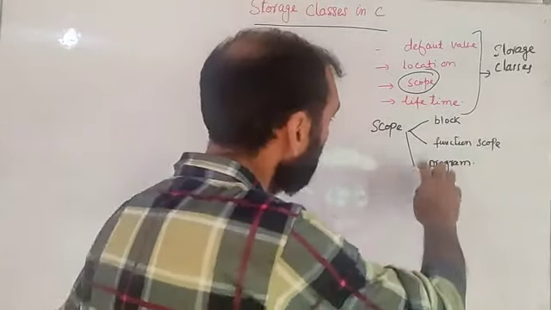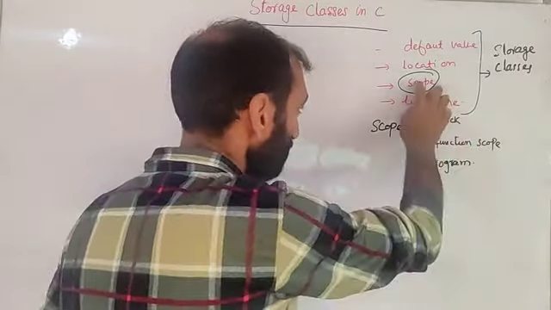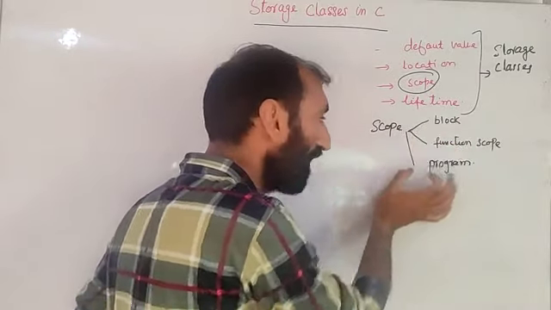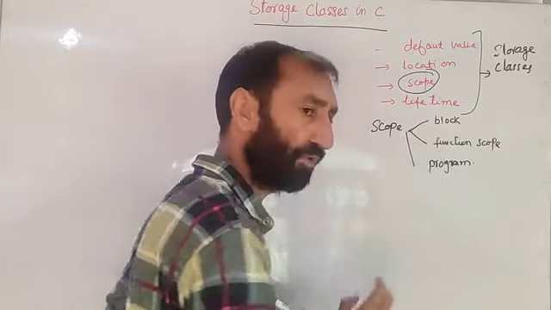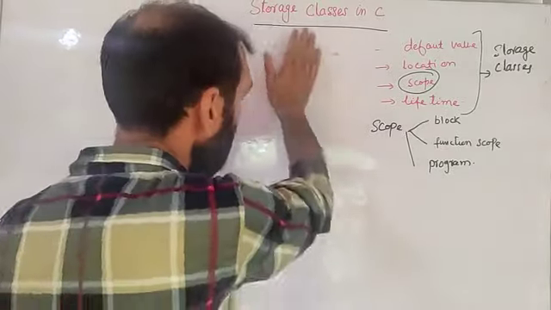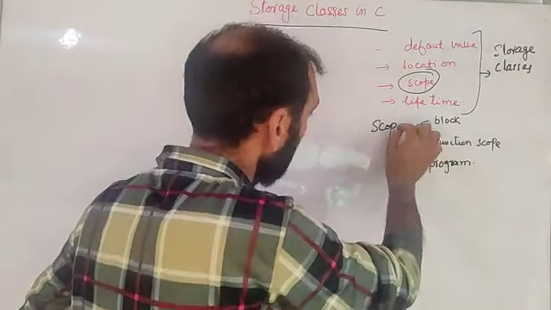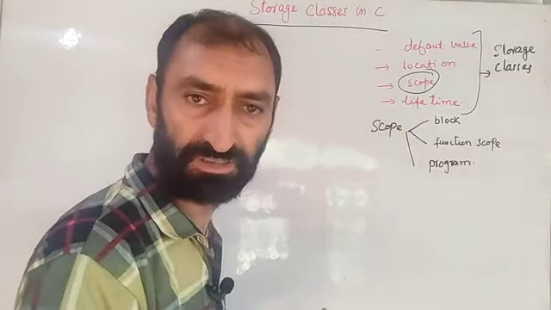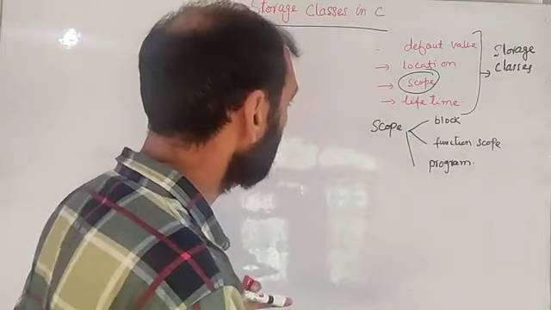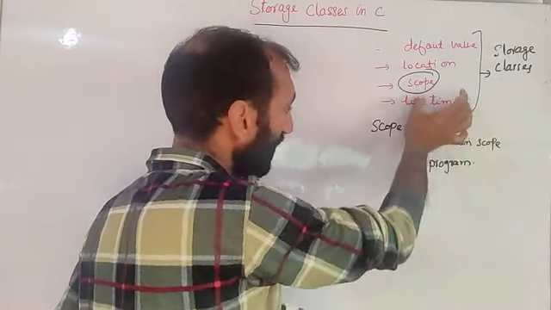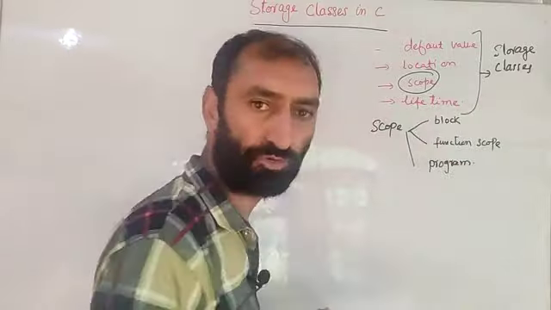In this video, we will discuss these two things: scope and lifetime. What is scope? What is block scope? What is function scope? And what is program scope? Now I will write a simple program, and with the help of that program, we will discuss these scopes, as an introduction to the storage classes.